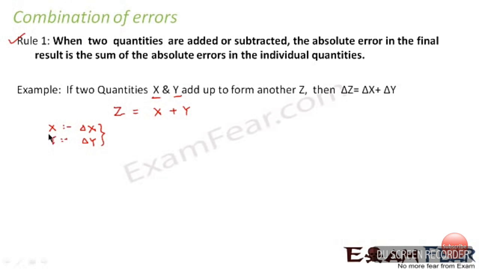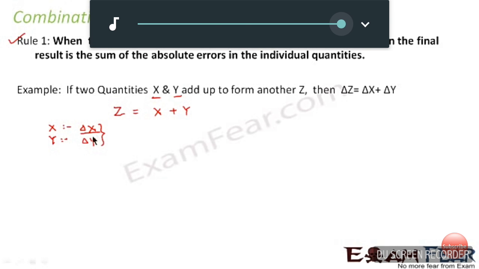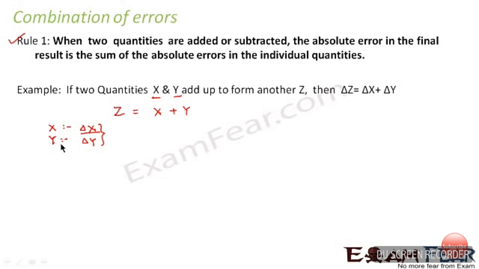Let us suppose the quantity x involves an absolute error of delta x in its measurement, and the quantity y involves an error of delta y in its measurement. In that case, the quantity z will also involve some error, say delta z in its measurement. So we will see the relation between all these errors.